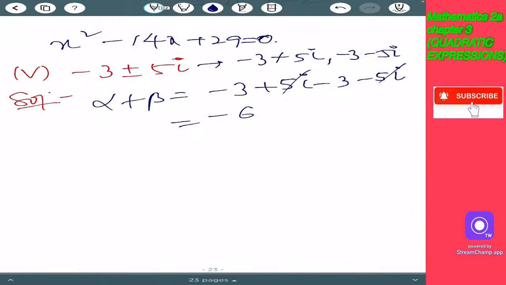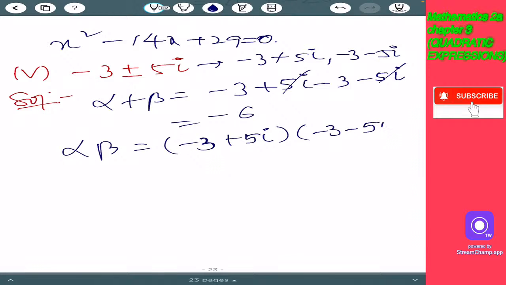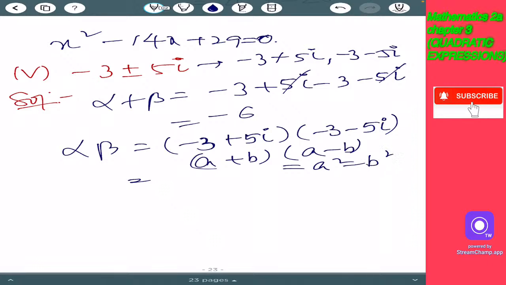Am I correct? Now alpha into beta: over here you'll find minus 3 plus 5i multiplied by minus 3 minus 5i. Again you have a plus b into a minus b, which gives you a square minus b square.